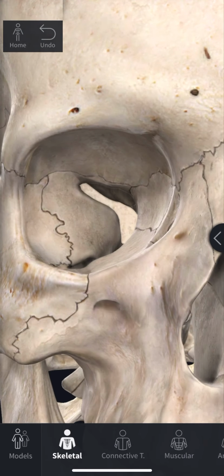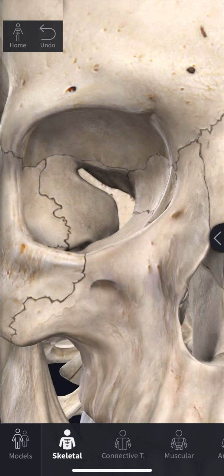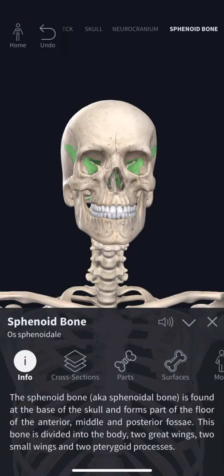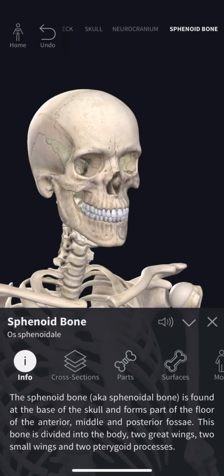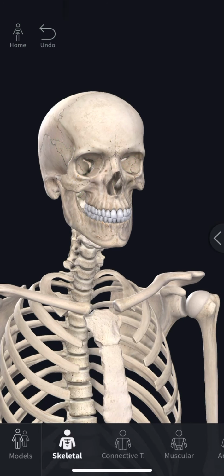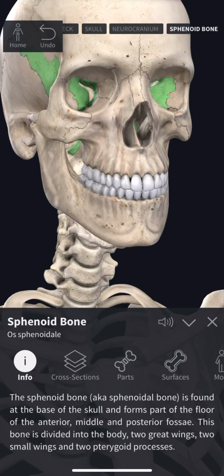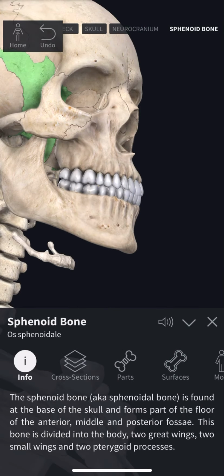And apart from these, you will have a contribution of the sphenoid bone also here, which is butterfly shaped. You are seeing its extent now, how it's extending. So if I just press on the bone here, this is the extent of this sphenoid bone.